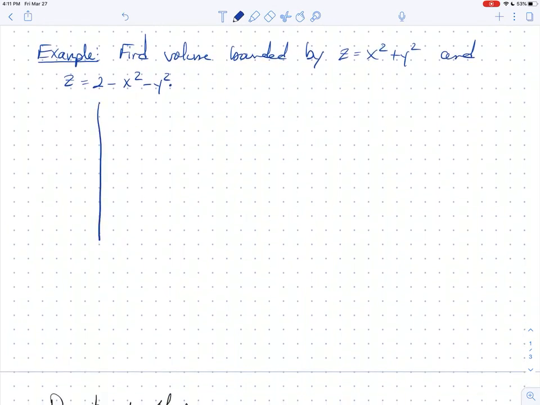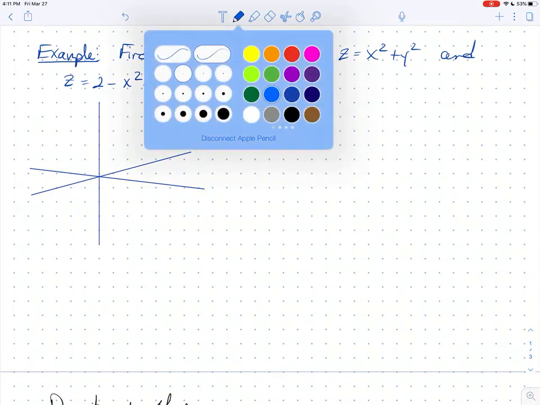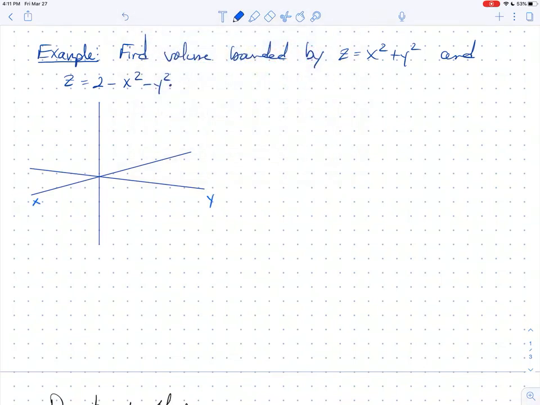All right, so let's see what's going on. I'm going to try to draw my axes here. This is my x-axis, my y-axis, my z-axis. The first surface is just a paraboloid opening up. Let's do that one in red. I'm not going to draw the boundary curve on the lip of it just yet.